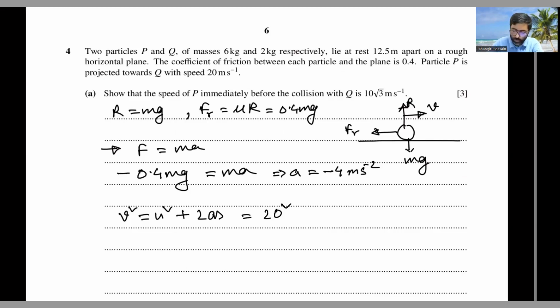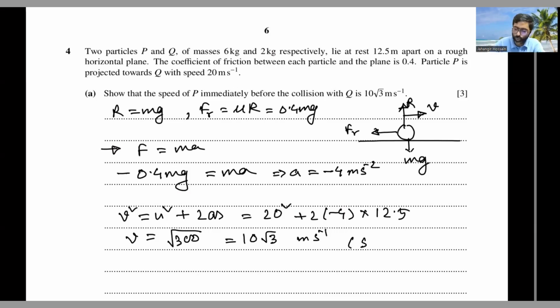So this will be 20 squared plus 2 into minus 4 into 12.5. So v squared is 300, so root over 300, that is 10 root 3 meters per second. So that is the speed before the collision between the two particles.